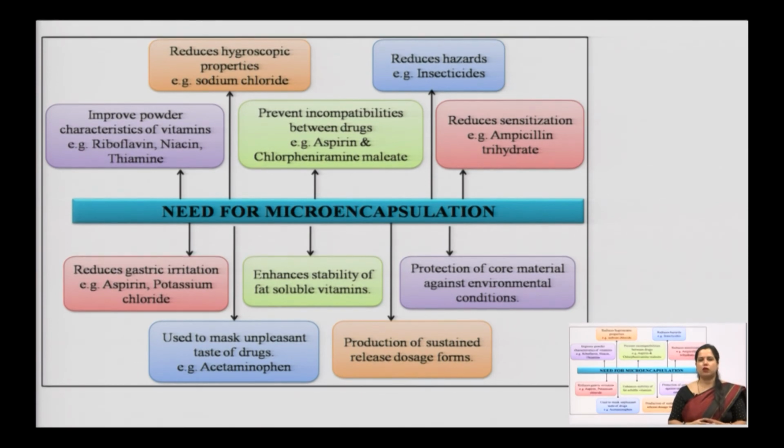So, we can expect that sensitive drugs cannot harm the organ directly. Reduce gastric irritation like aspirin, potassium; enhance the stability of fat soluble vitamins; protection of core material against environmental conditions. We are protecting the core material within the polymer shell. So, these are all benefits through which we can protect our core material from the environment.